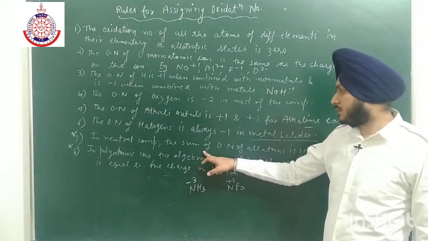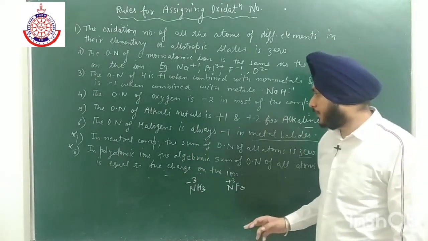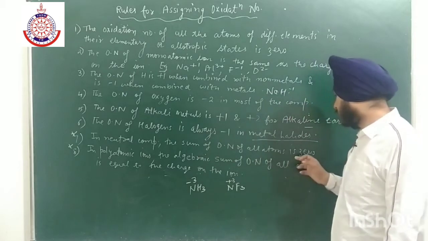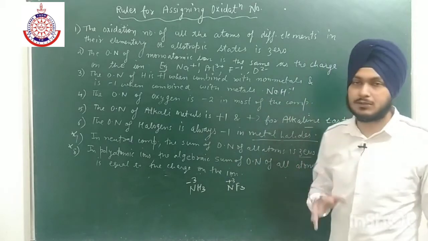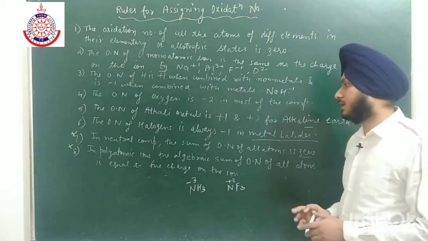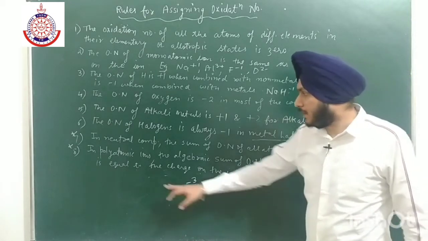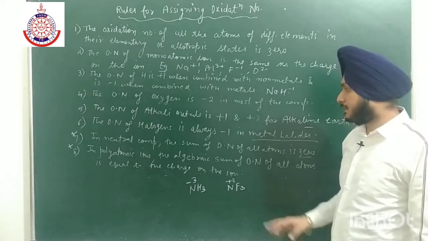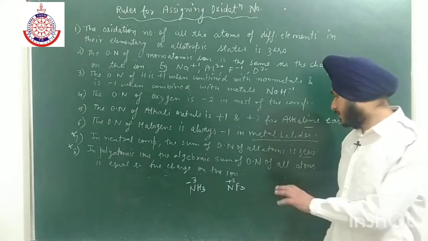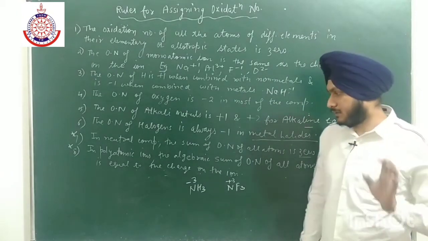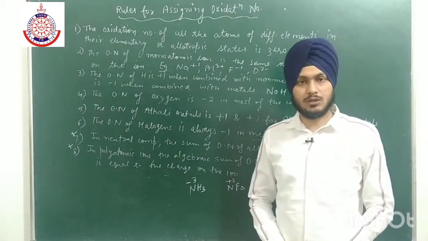In a neutral compound, the sum of the oxidation numbers of all atoms is taken to be 0. In polyatomic ions, the algebraic sum of the oxidation numbers of all atoms is equal to the charge on the ion.